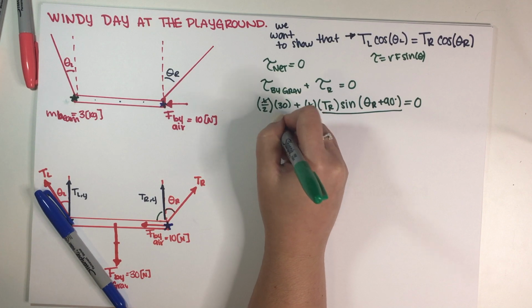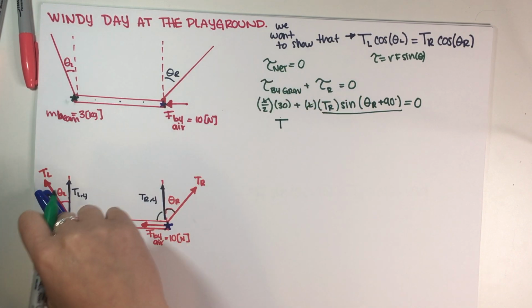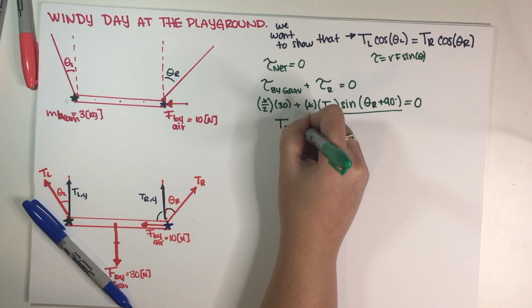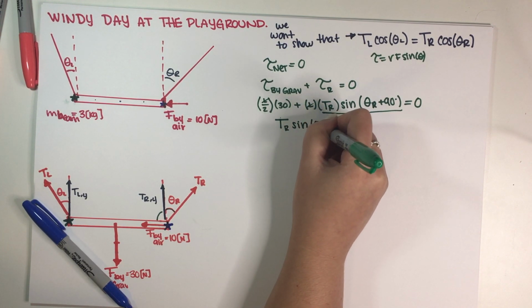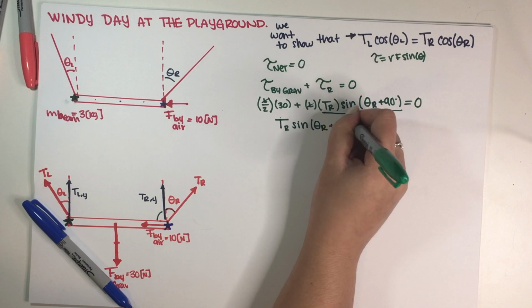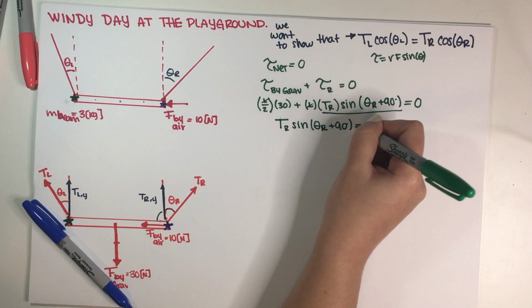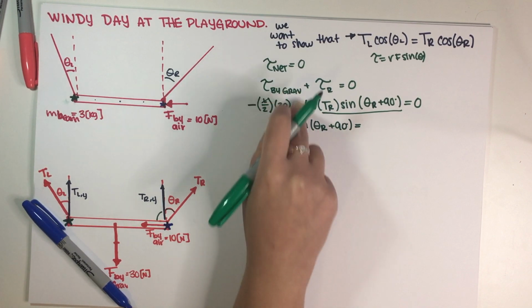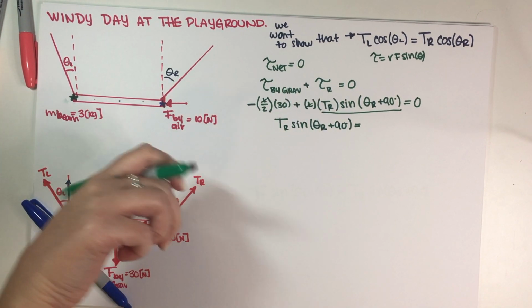And my equation that I get from balancing my torques around the green star is dr sine of this angle plus 90 is equal to... oh, and this is negative because this torque is actually going into the page.